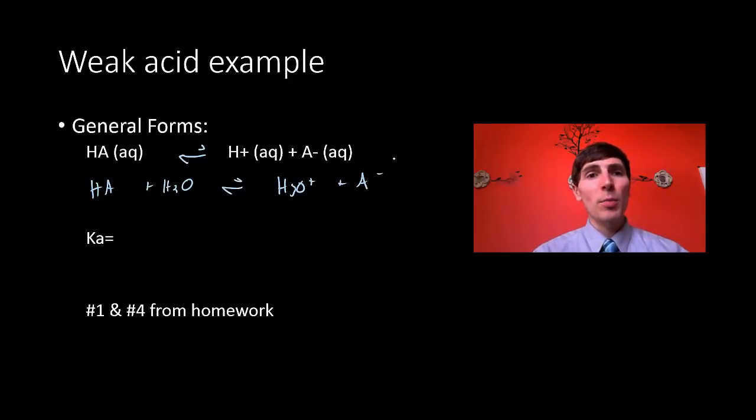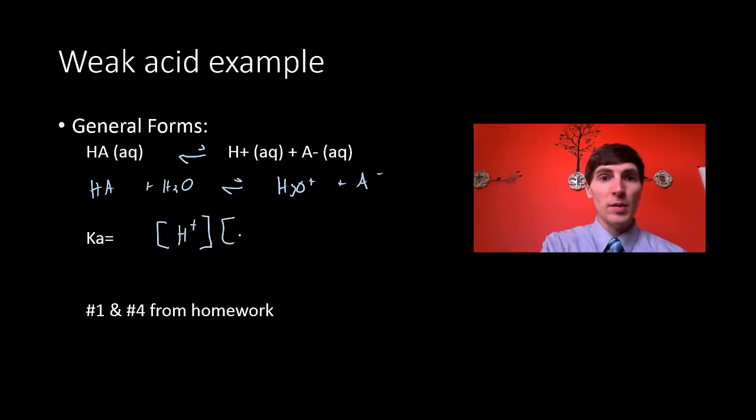Because this is an equilibrium situation, there's also an equilibrium constant associated with this reaction at a set temperature. Looking at my phases, just like we did with Kc, I'm going to include only aqueous or gases, and they're all aqueous. So my expression is Ka equals H plus times A minus, all divided by the concentration of HA.